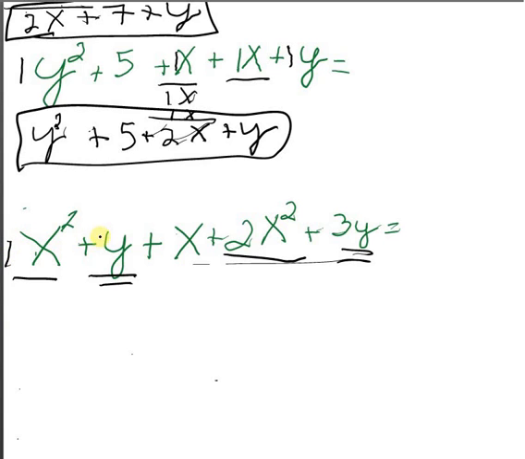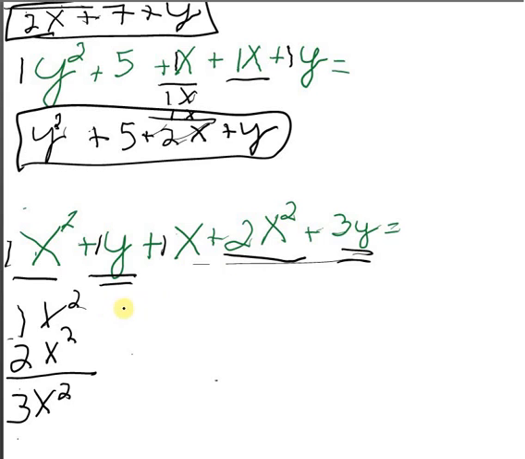Okay, don't forget to put your ones in front of your variables. And here we go. Combine the like terms. We're going to combine this 1X to the second power and 2X to the second power, and that's going to be 3X to the second power.